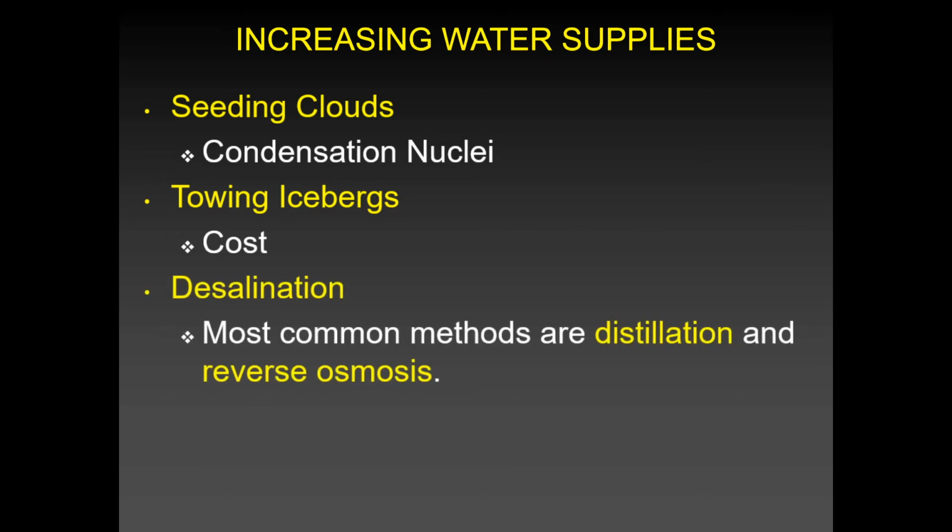There's also desalinization. The most common methods are distillation and reverse osmosis. One of the ships that I deployed on was the USS Nassau, and it used both. It uses a 3-stage flash type distiller and reverse osmosis. The flash type distiller was the fastest, but what it does is cause low air pressure.